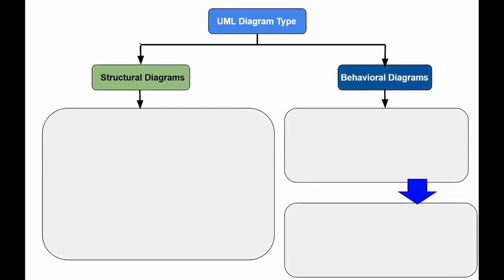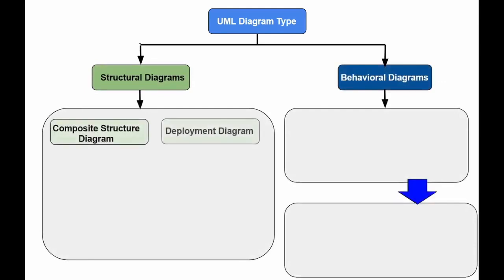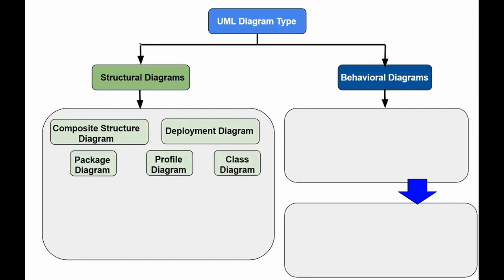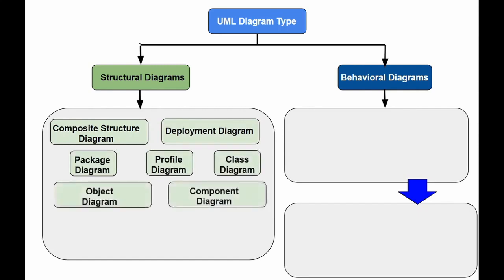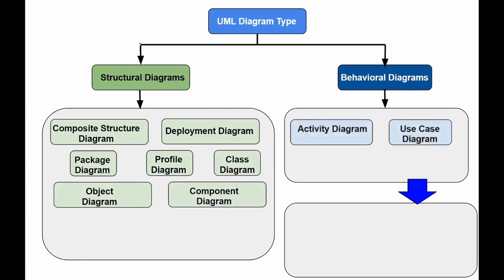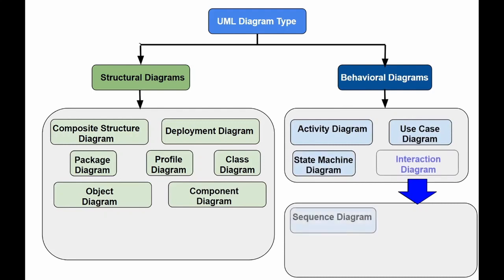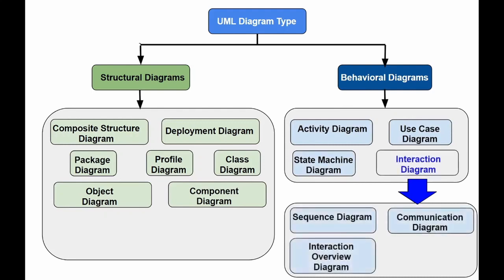There are 7 types of structure diagrams: composite structure diagram, deployment diagram, package diagram, profile diagram, class diagram, object diagram, and component diagram. Behavior diagrams include activity diagram, use case diagram, state diagram, sequence diagram, communication diagram, interaction overview diagram, and timing diagram. Now a few words about each one of them.